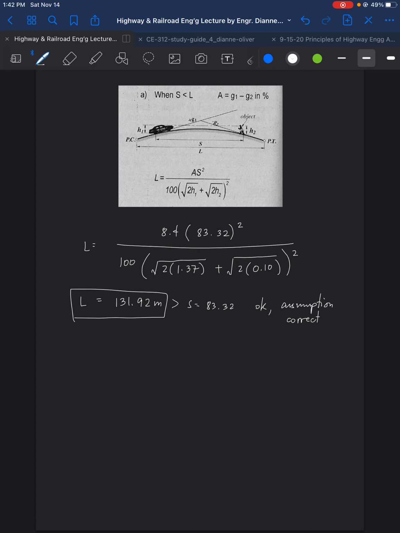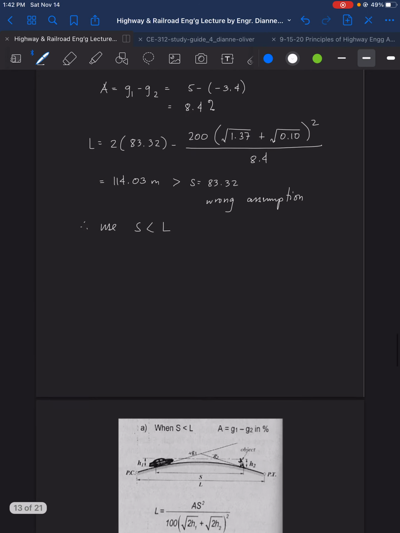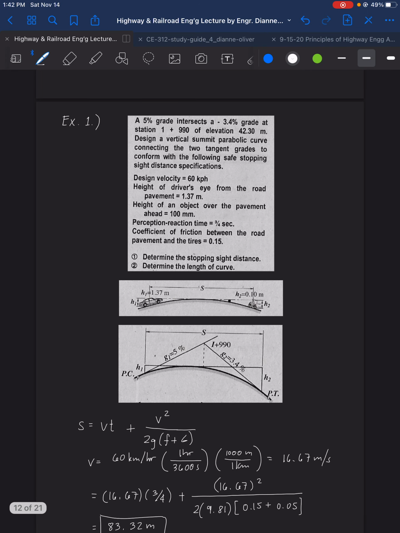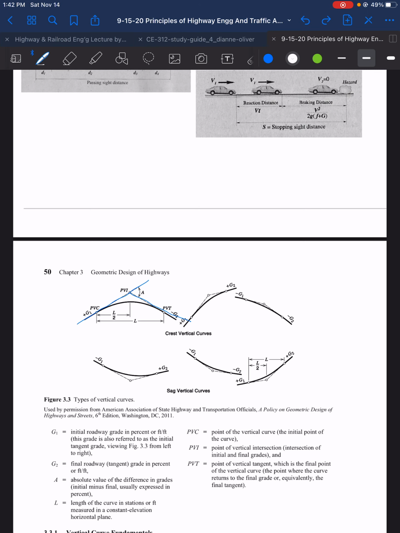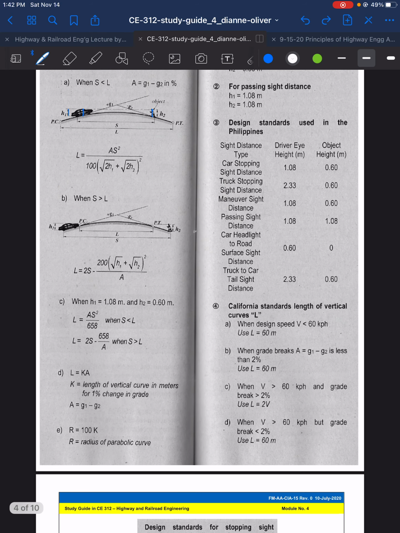So again, let's see if we have this. Our design speed in the problem is 60. So for the minimum design for L, this isn't one. We're not going to use that.